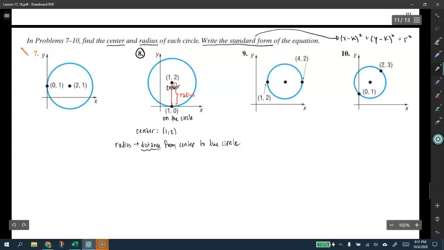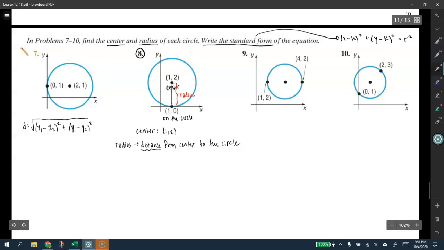The distance formula is d is equal to the square root of, I know it's been a while since we used this formula, but we need it here, so we're bringing it back forward. x1 minus x2 whole squared plus y1 minus y2 whole squared, like that.